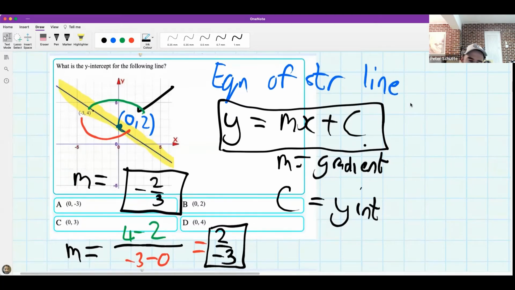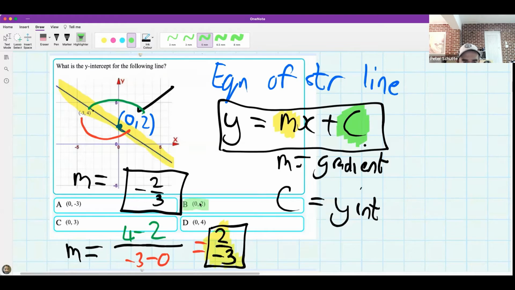Okay, have a look at the standard form. In order to find the equation of a straight line, all straight lines have the form mx plus c, where m is the gradient and c is the y-intercept. If you know what the gradient is, now did I mention what the y-intercept is? Didn't we do that earlier in the question?